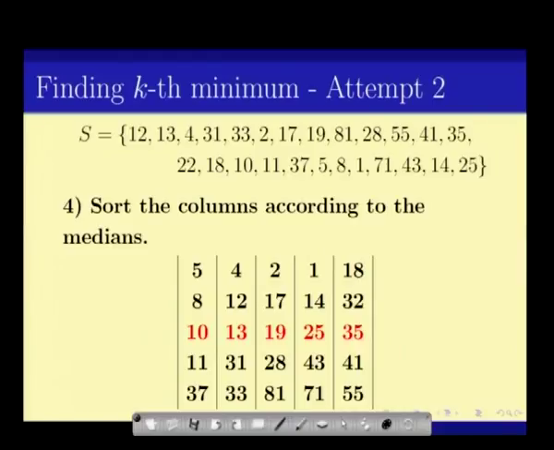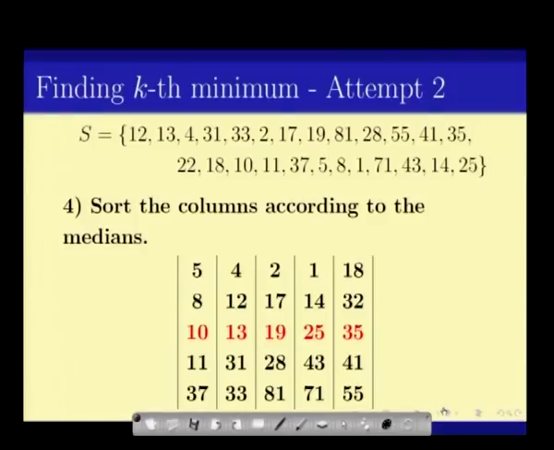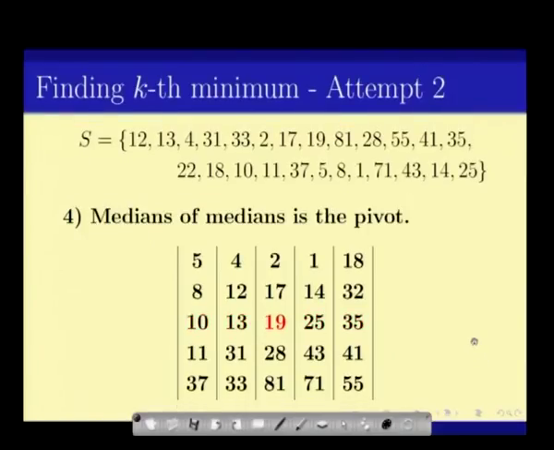Once we are done with this, these medians will help us get a nice element, which is the median of the medians. So, consider the median of the medians, which is 19. What did we do till now?